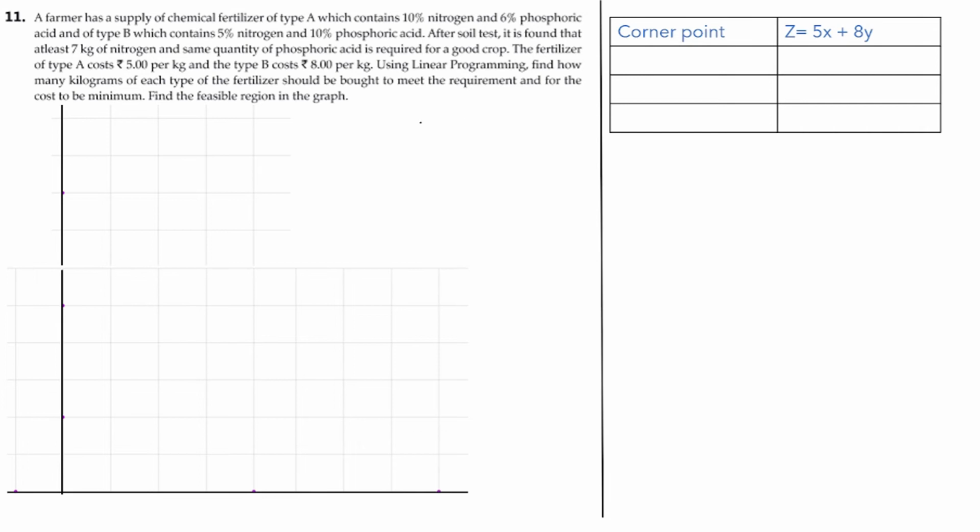So we got the constraints as 2x plus y greater than or equal to 140 and 3x plus 5y greater than or equal to 350. Let us take this as 1, this as 2. So for 1, when x is 0, y is 140.